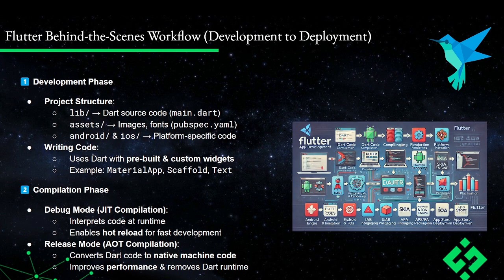JIT is the just-in-time compilation. When we click on the hot reload button in Flutter, JIT compilation takes place. It interprets the code at runtime and enables fast development. In the release mode, AOT compilation takes place, that is ahead-of-time, which converts the Dart code to native machine code and which enhances the performance and removes Dart runtime.